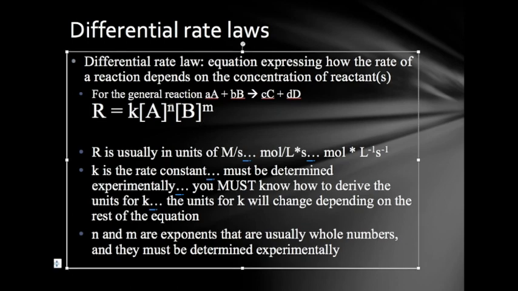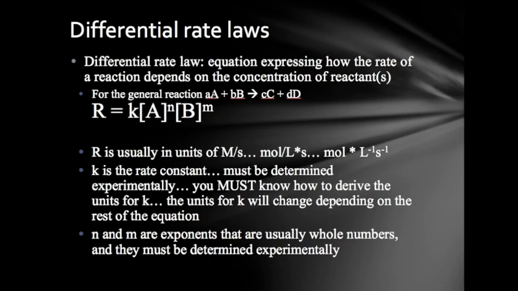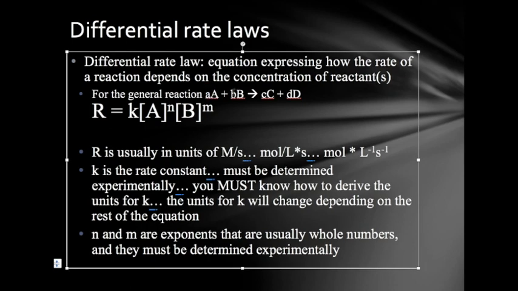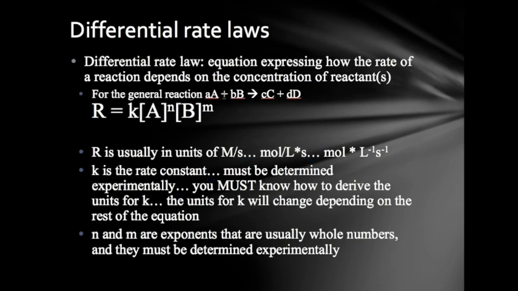A lot of people think that n and m are just the stoichiometric coefficients in the chemical equation. Little a and little b, remember those represented the mole ratios, like 1 to 2 moles, etc. These exponents, A to the n times B to the m, n and m are not the stoichiometric coefficients. They are small whole numbers, and they have to be determined experimentally. So K, n, and m all get determined experimentally.